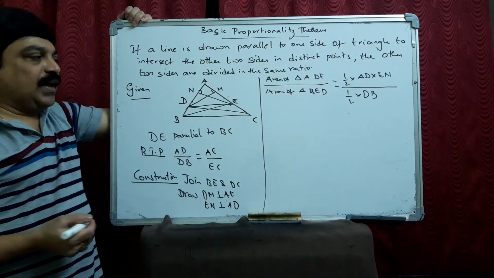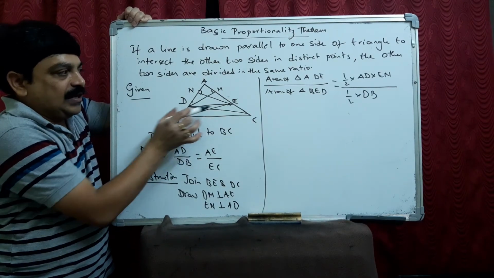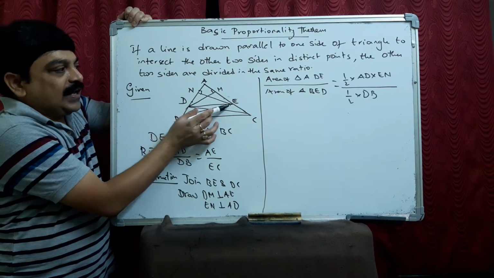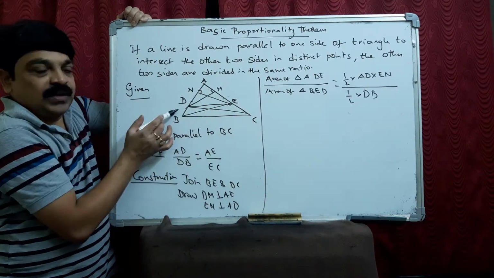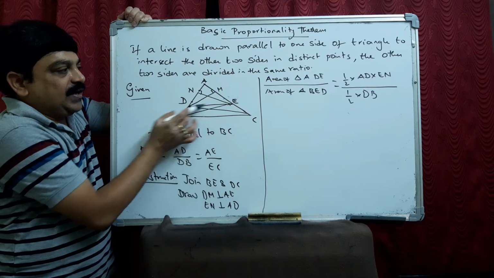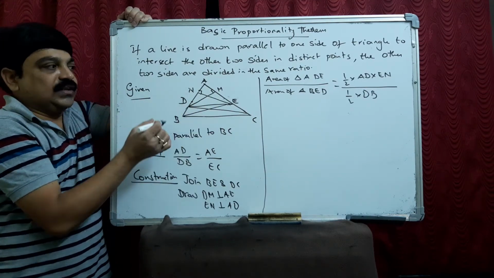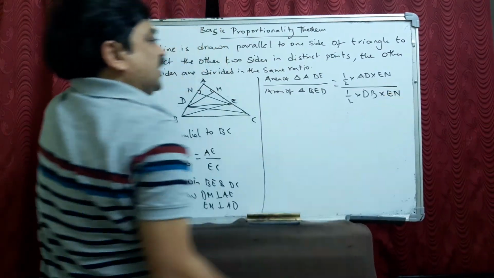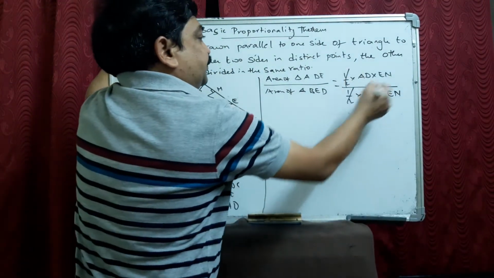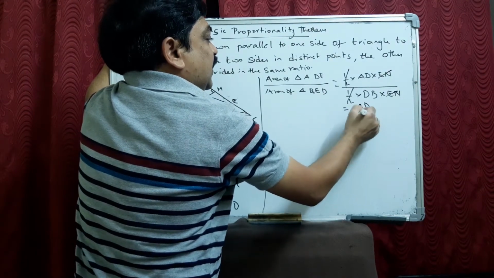This is an obtuse angle triangle, DEB. The height lies outside the triangle, because this is an obtuse triangle. So for triangle DEB, the height is nothing but EN. So it becomes half DB into EN. Now you can cancel these two. So this is AD by DB.